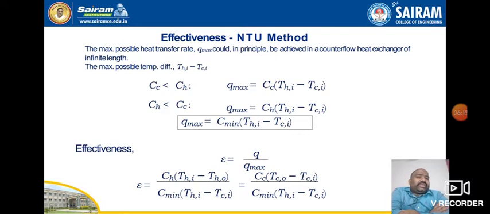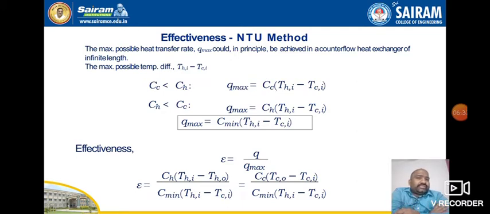So to calculate the effectiveness, we have to take the actual possible heat transfer and divide it by the maximum heat transfer. If you take this ratio, you will get the effectiveness of the heat exchanger. Again, it depends upon the type of flow, whether it is parallel flow or counterflow.